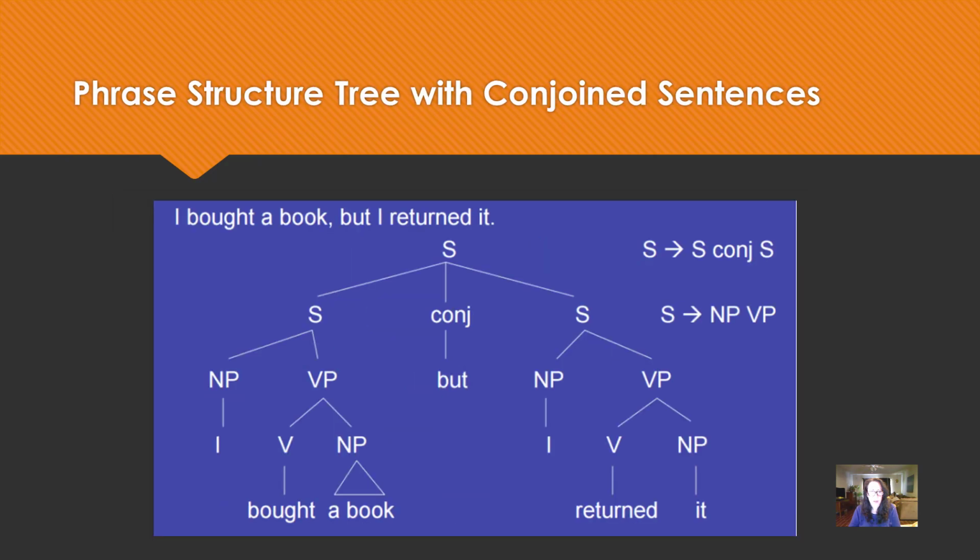But we could also have conjunctions that join sentences together. And again, this is a really simple sentence that any English speaker can handle and can understand. They can say it. But when you look down at the structure of it, you can see that it's quite complicated. And that is the way human language works.